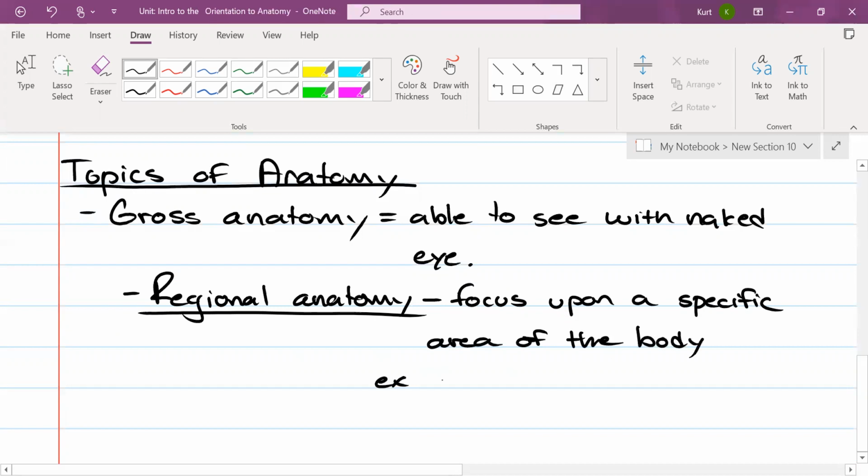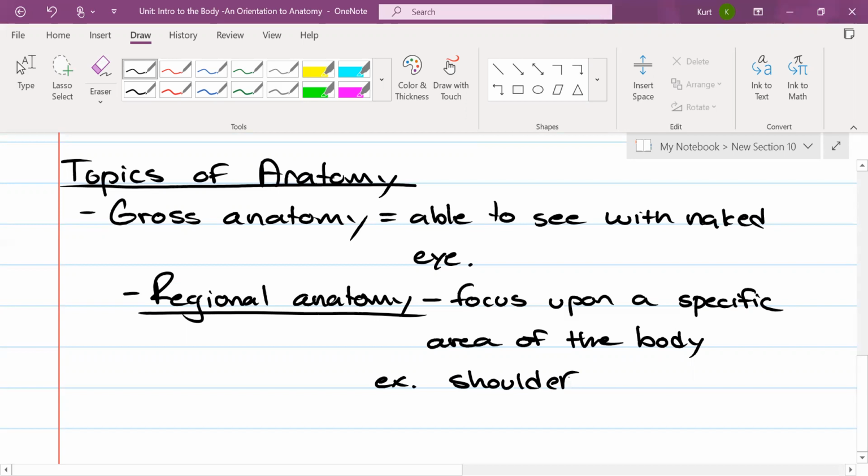Examples could be like a shoulder. If you tore your shoulder, we have to look at your clavicle, which is your collarbone. This thing right here, this is your collarbone. Your shoulder blade, scapula, it's back here. And your humerus, which is the top bone in your arm, from your shoulder to your elbow. That makes up your shoulder. Your pectoral girdle is what it's called.